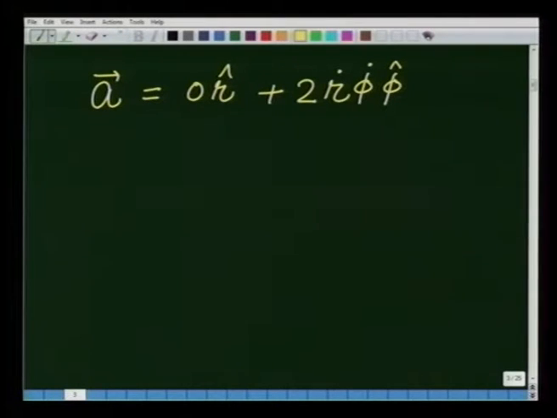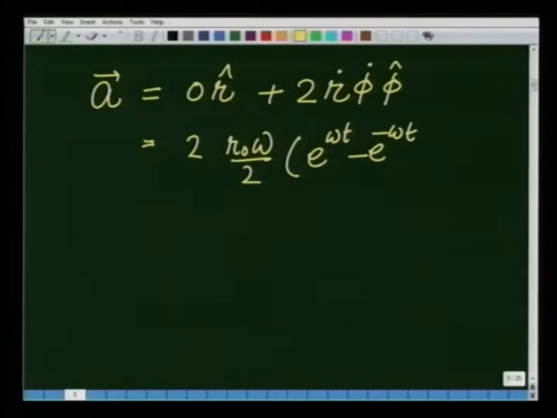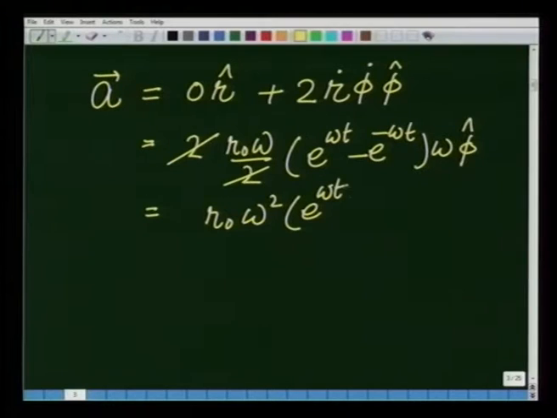Using the expression for r derived earlier, this comes out to be 2 r 0 omega by 2 times e raised to omega t minus e raised to minus omega t, times omega, which is the value of phi dot, in phi direction. This 2 cancels and the acceleration therefore is r naught omega square times e raised to omega t minus e raised to minus omega t in phi direction.